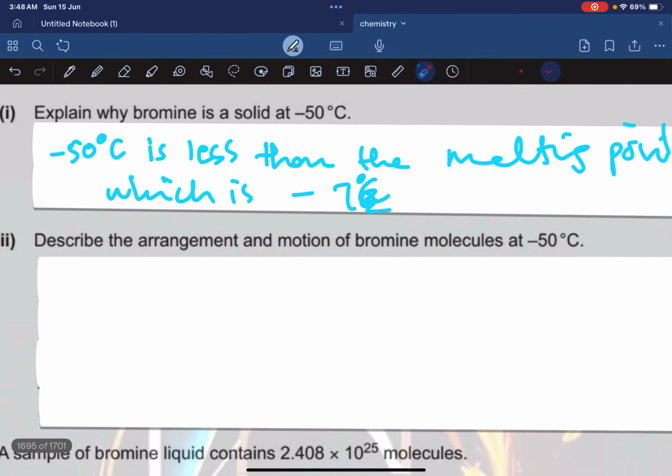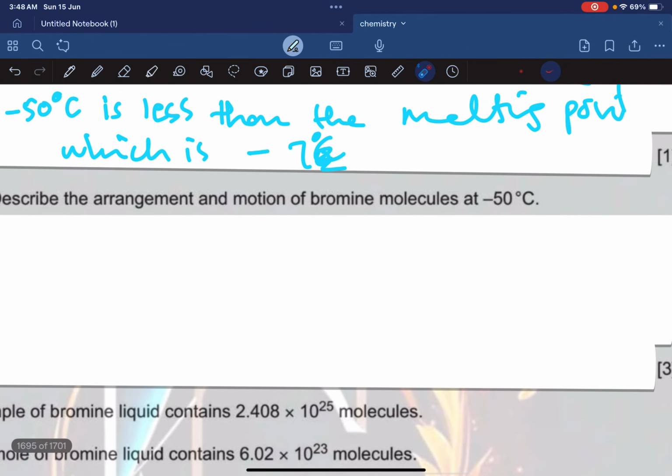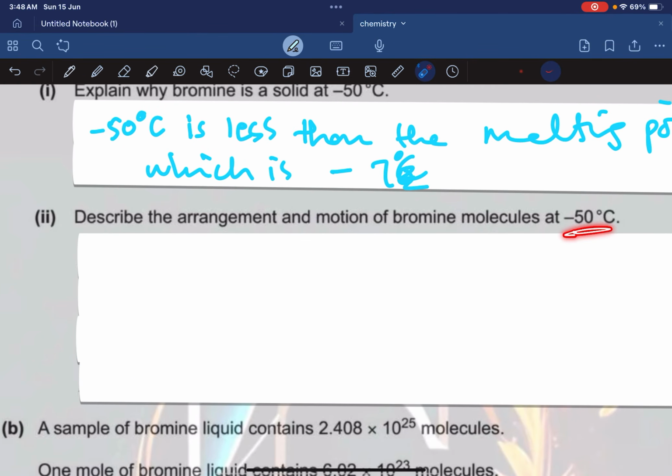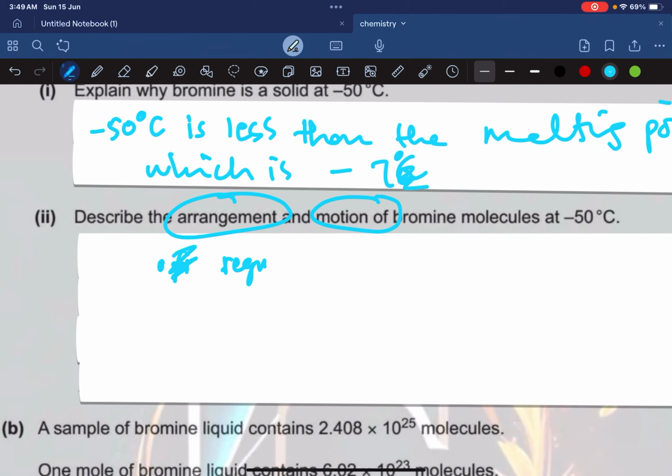Describe the arrangement and motion of bromine molecules at -50. Since it's a solid, the arrangement is going to be a fixed, regular lattice arrangement, and the motion is going to be vibrating about their fixed positions.